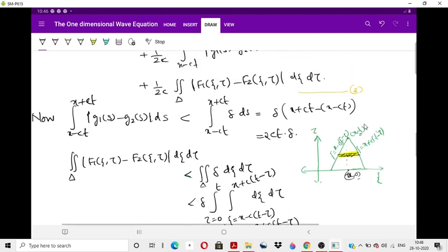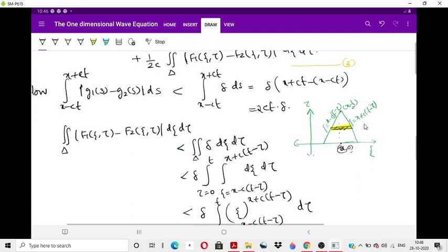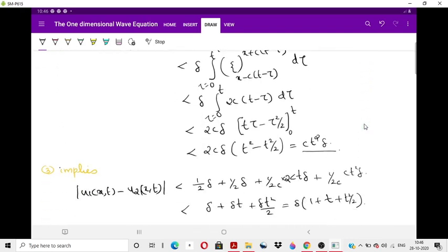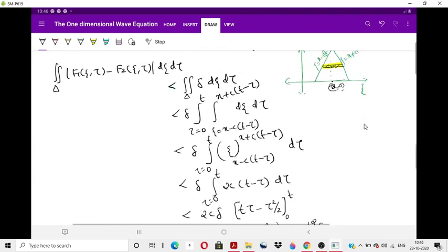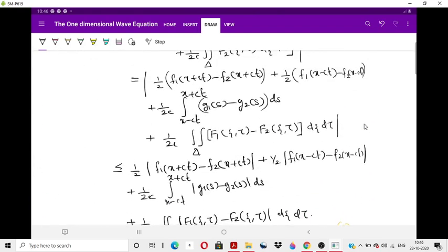Now substituting all these in inequality 3, we have mod of u1 of x, t minus u2 of x, t is less than, first one, 1 by 2 into mod f1 of x plus ct minus f2 of x plus ct. This is 1 by 2 into delta.